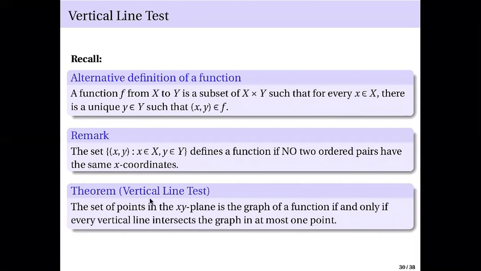So this time, aside from observing this set, we can just try to observe the graph in order to determine whether the set is a function or not, or whether the equation is a function or not.